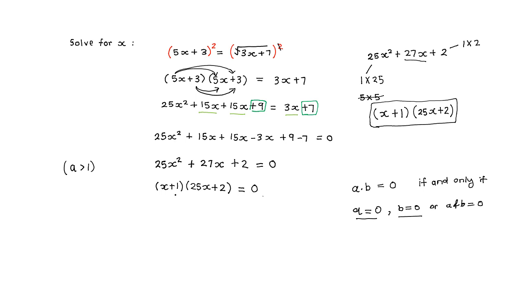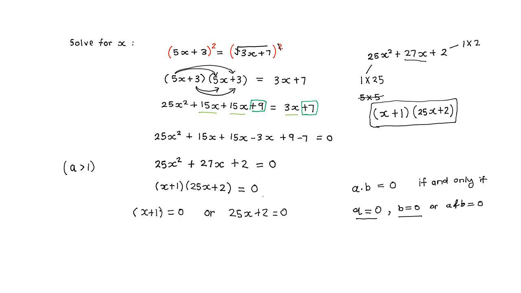So essentially what we're going to say is, well, this is true when the first bracket x plus 1 is equal to 0, or when the second bracket 25x plus 2 is equal to 0. Now you've set up two individual small linear equations to solve.